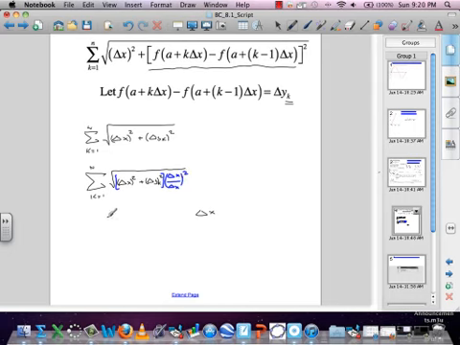And I'm going to distribute that to each of the pieces on the inside here. So this would now be delta x squared over delta x squared, which is kind of a nice expression to have here. And the second piece will be plus delta y sub k squared over delta x squared.